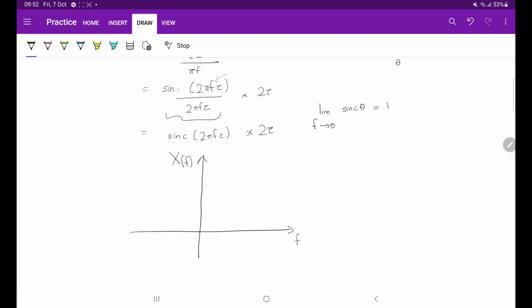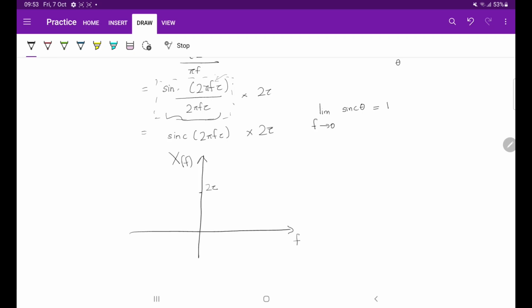So using the sandwich theorem, you already knew this. So when f is equal to 0, you can consider this portion as 1. If you multiply by 2 tau, you are going to get the value of 2 tau.